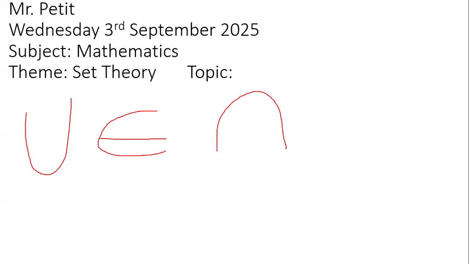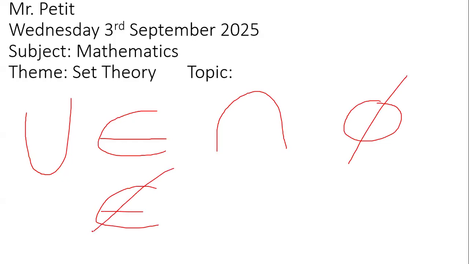Intersection, very good. Then we have this one. Empty set or null set, very good. Then we have this one. Not an element of, very good.